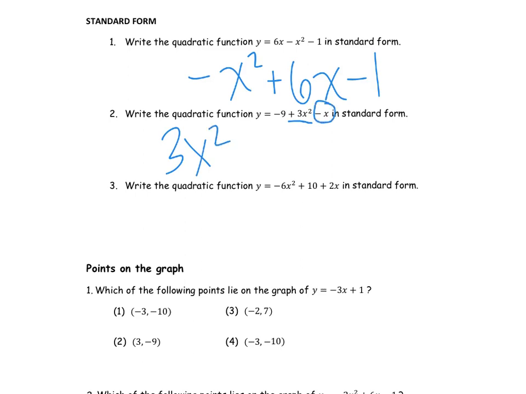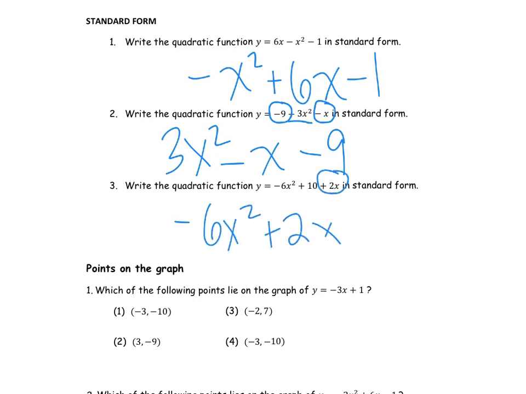Next is my -x, and then my -9. This is in standard form. Lastly, I have -6x squared plus 2x plus 10, and that's it. We're done. It needs to look like this, guys. ax squared plus bx plus c.